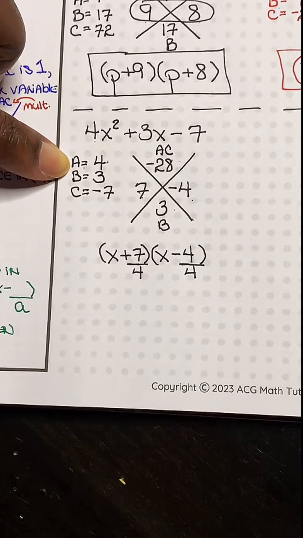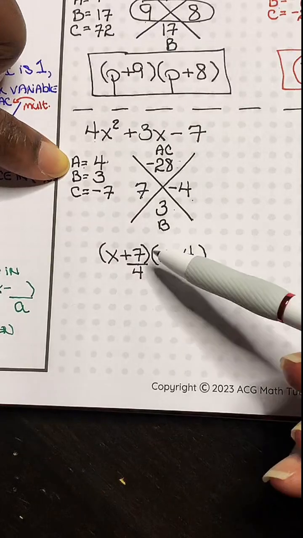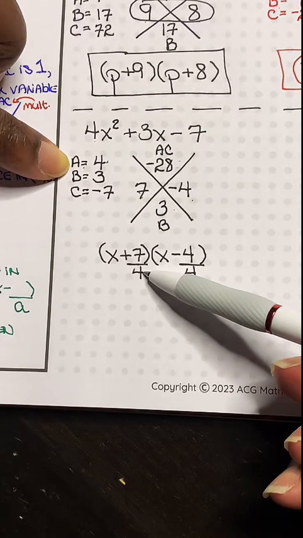Okay? Watch this part. Don't do anything. Just watch. Put your pencils and pens down. So, 7 and 4 cannot be reduced because the only number they have in common is 1.